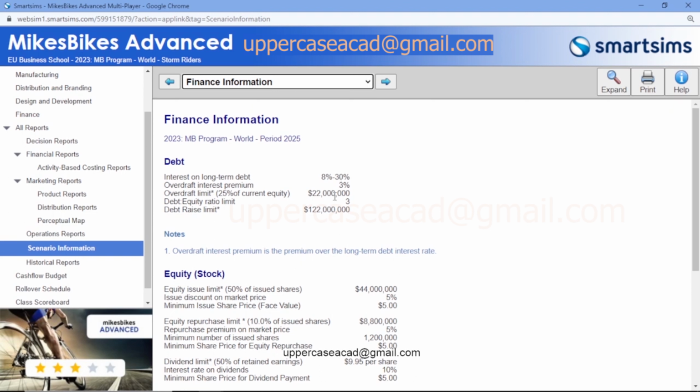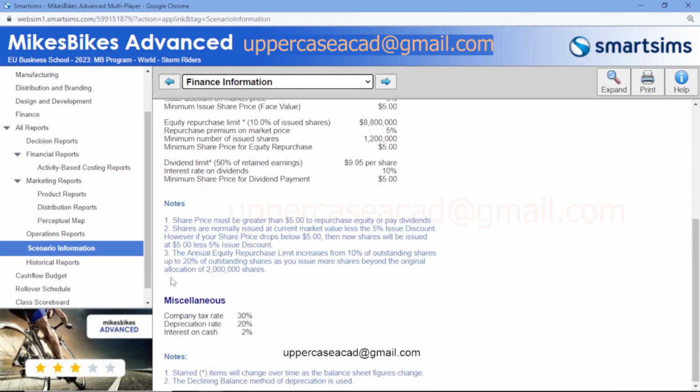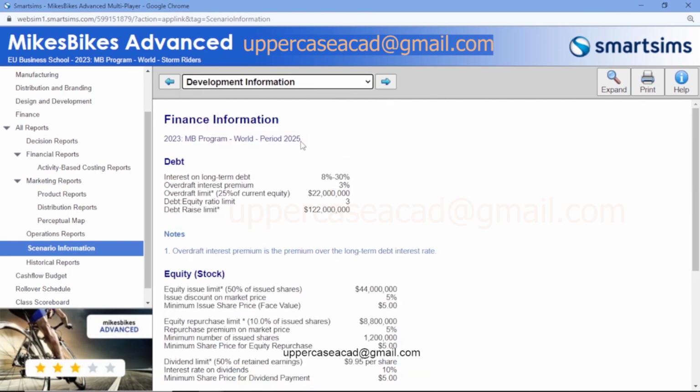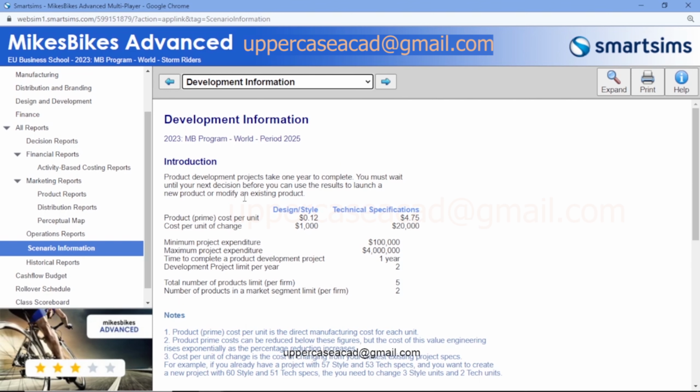Overdraft interest premium is 3%. The debt raise limit is 122 million. And that's it for finance. Then we have just the development information.